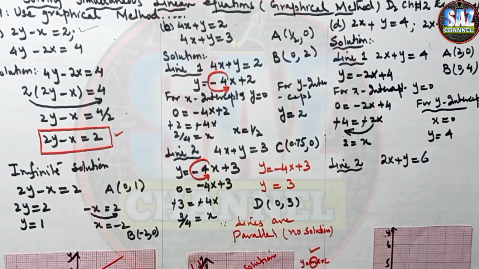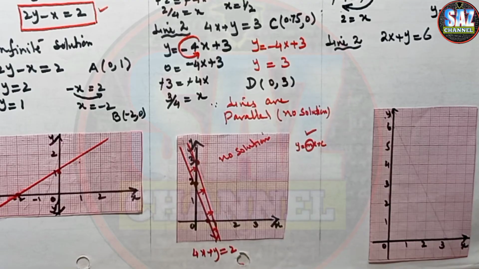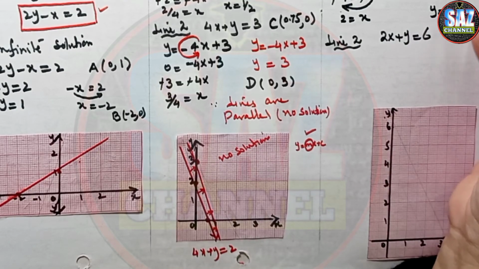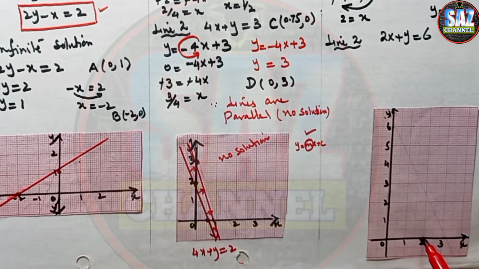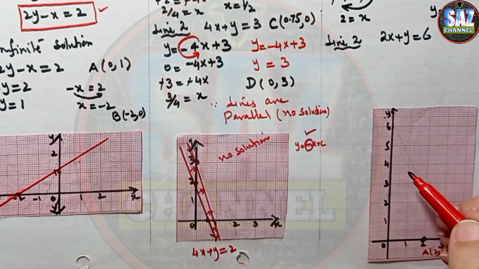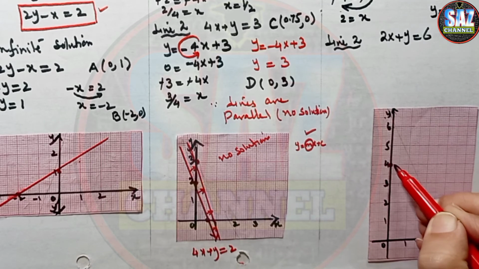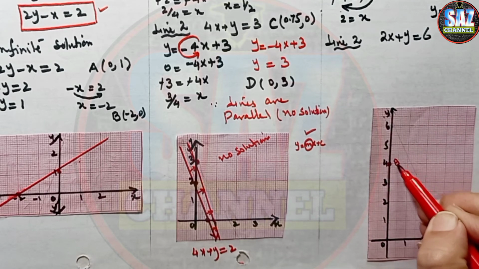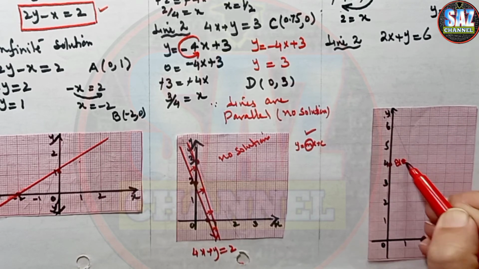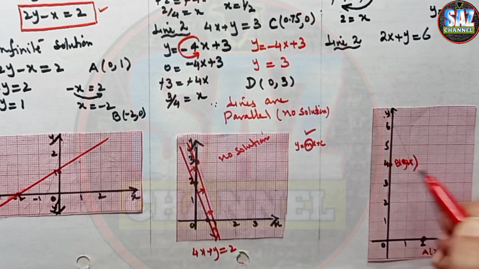Let's mark the points on the graph paper. One of the points is A, (2, 0). That will be coming on the x-axis. And B, (0, 4), the second point, will be coming at this place.